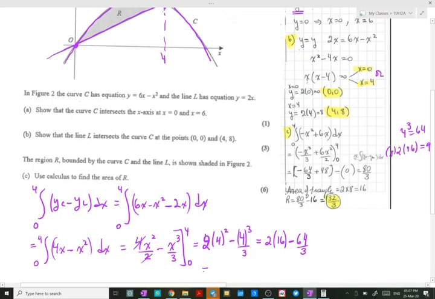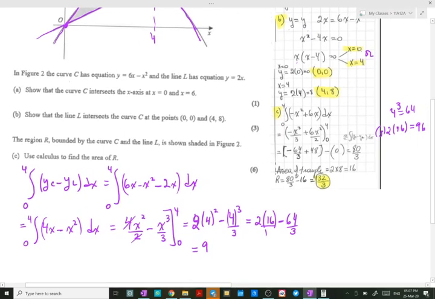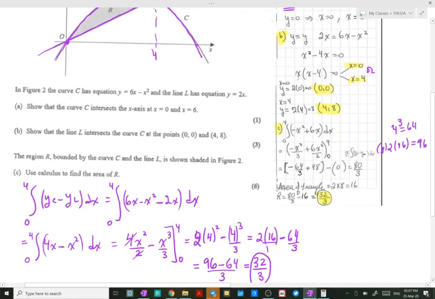Common denominator, 3 times 2 times 16 is 96, minus 64 over 3, which is equal to 32 over 3. So this is the area of the shaded region.